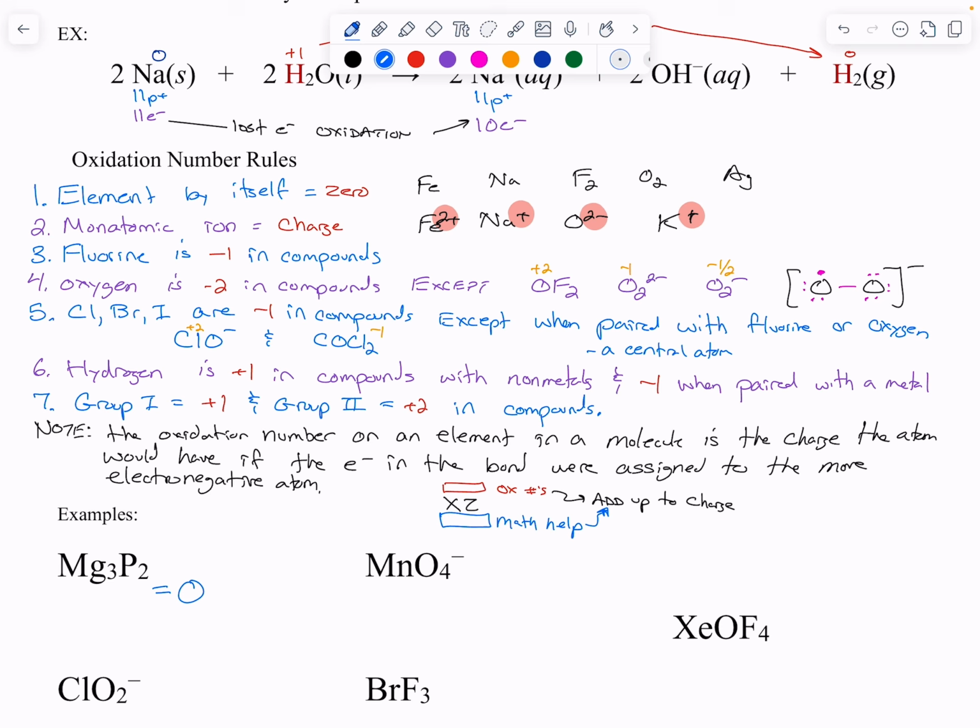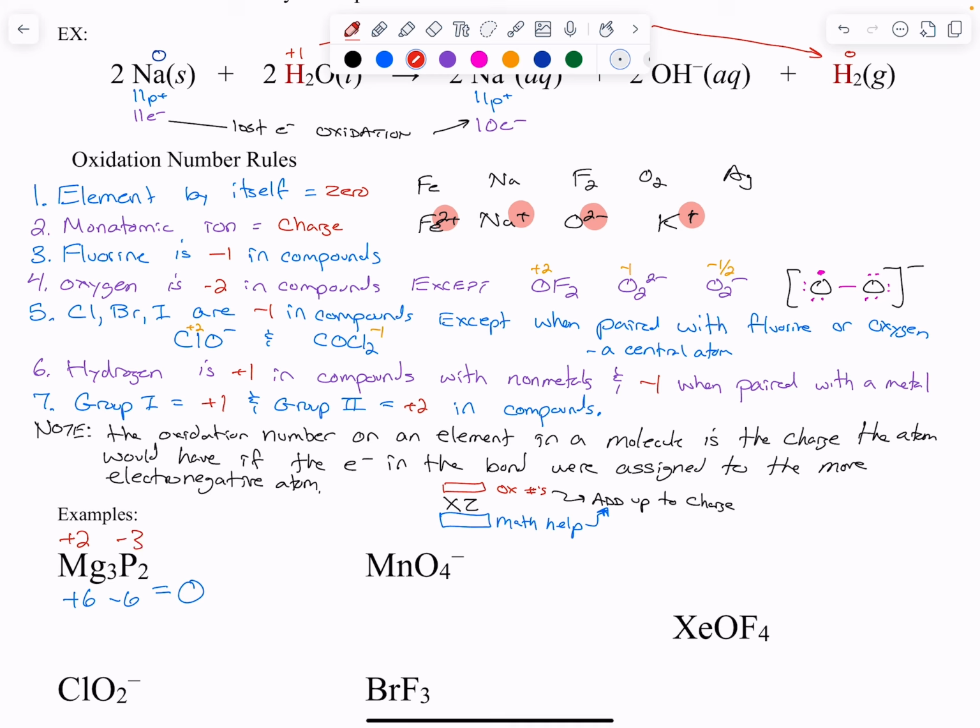Element by itself, no. Monatomic ion, no. Fluorine, no. Oxygen, no. Rest of the halogens, no. Hydrogen, no. Group 1, no. Group 2, yes. Group 2 metal is +2. And since there are 3 of them, we have a +6 here. That means underneath, phosphorus is -6. So +6 minus 6 is 0. And since there's 2 phosphoruses, phosphorus is -3.